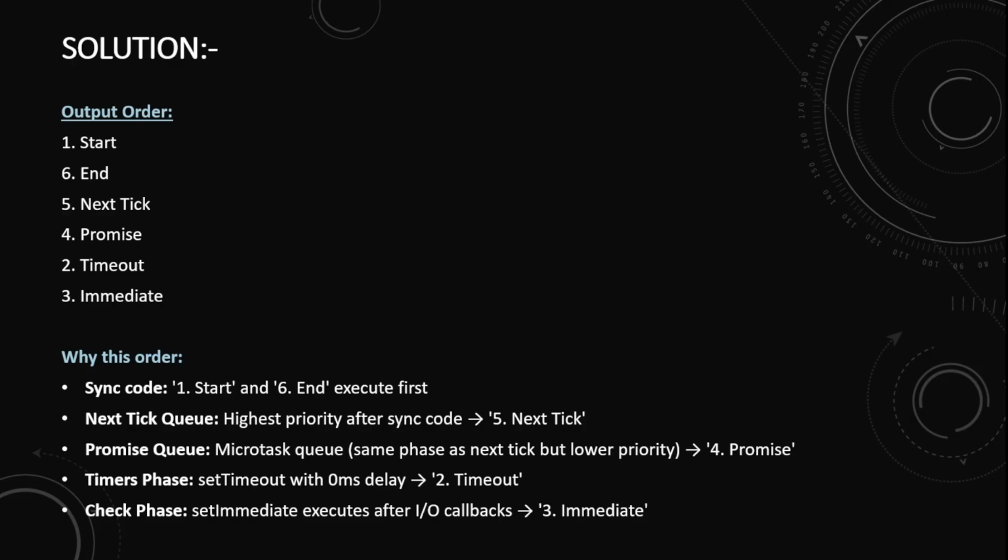The promise function was registered as a microtask in the promise jobs queue, and the next tick one was also registered as a microtask in the next tick queue. Here, note that next tick holds higher priority than promise. Hence, the next tick would always print before the promise console log.